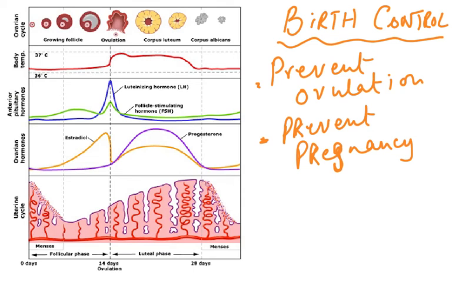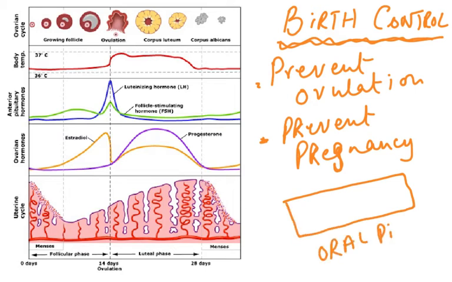Now coming to the topic of birth control, what we need to understand is that we want to prevent pregnancies. A woman wants to have maybe one or two kids, or she wants to have spacing between the children. So she wants to prevent becoming pregnant. One way is that she can start taking what is called the oral pill.